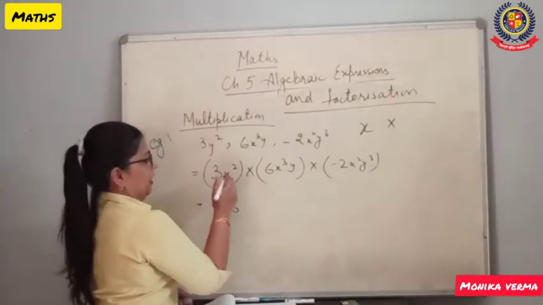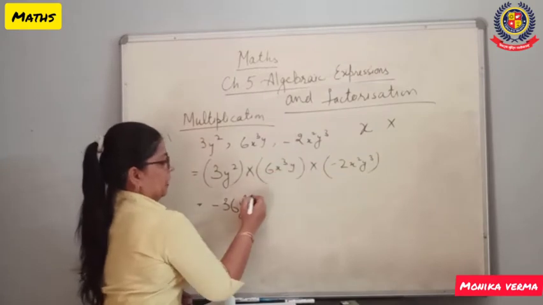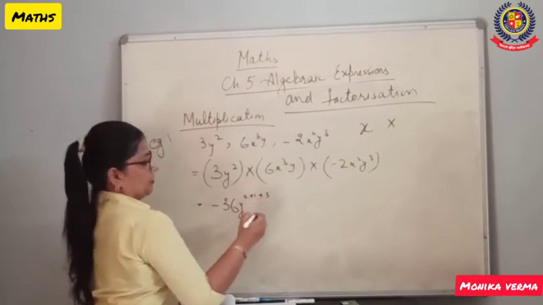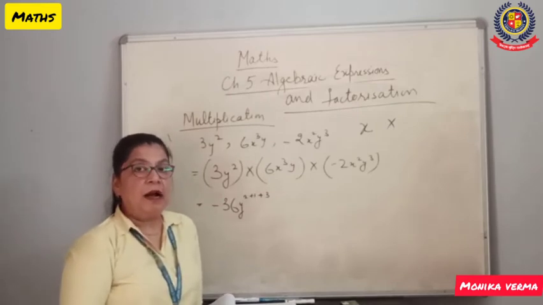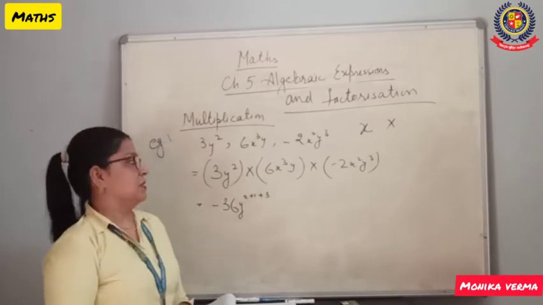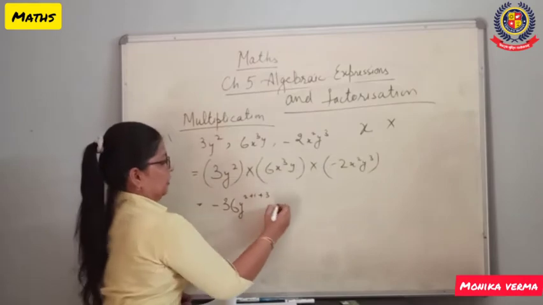Now we will see the y terms. y square, plus 1 plus 3. We have done exponents. Bases are same, powers will add in multiplication. So we are doing multiplication. Bases are same, we will add the powers. 2 plus 1 plus 3. When nothing is written, it means 1.